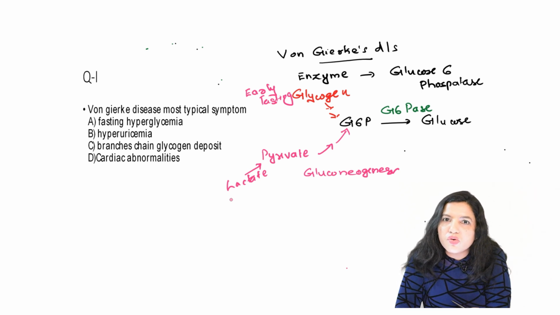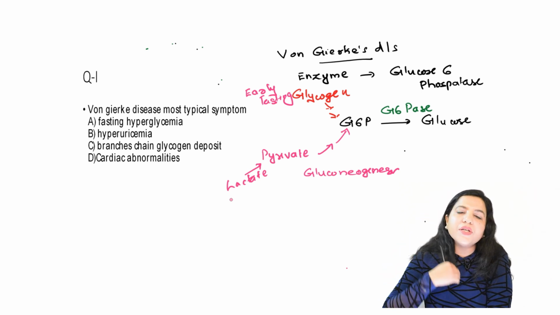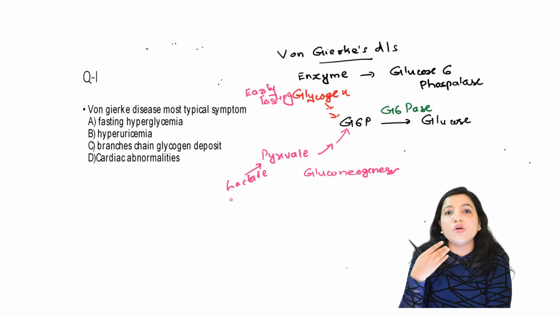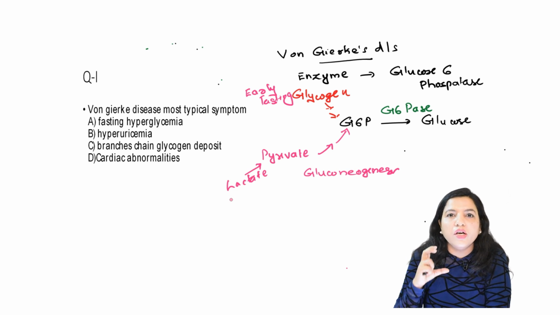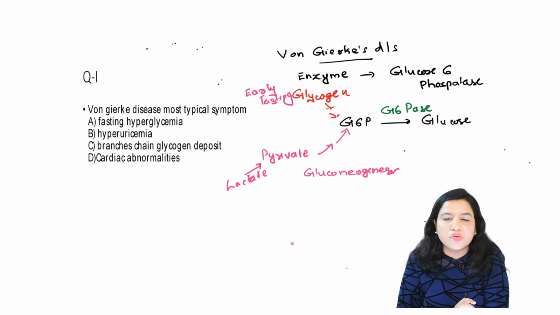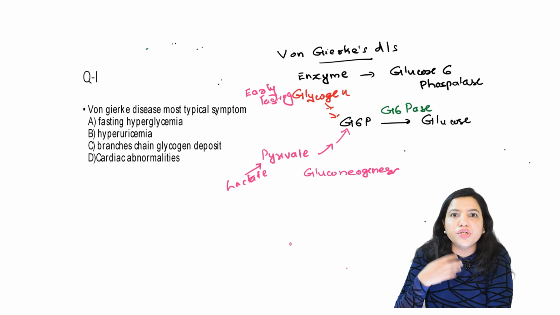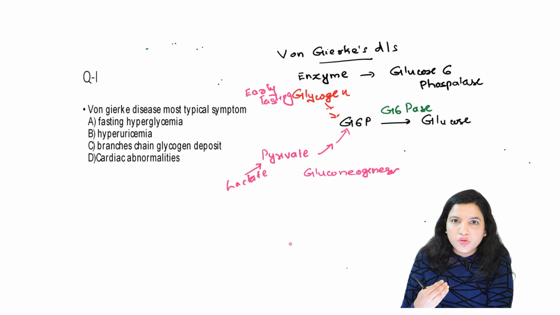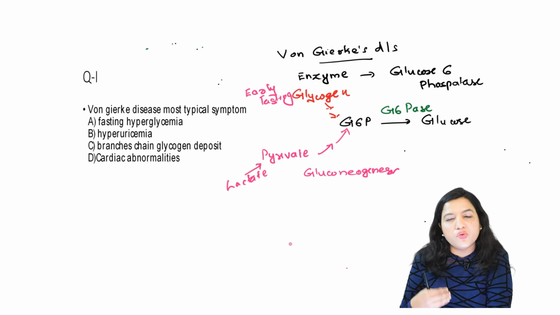Once the glycogen stores are depleted, the body has to depend on gluconeogenesis, that is, non-carbohydrate sources, to synthesize glucose. That pathway is called gluconeogenesis, newly synthesizing glucose from non-carbohydrate substrates.